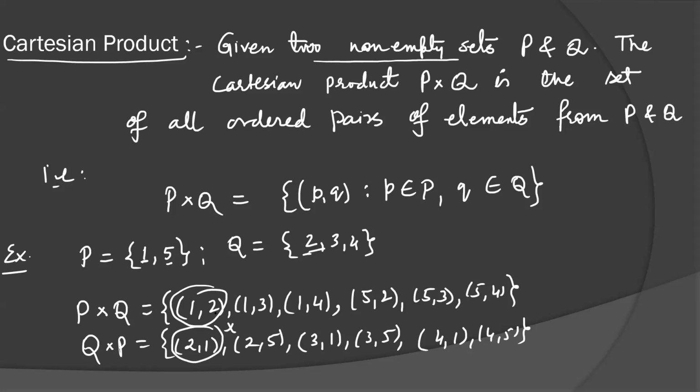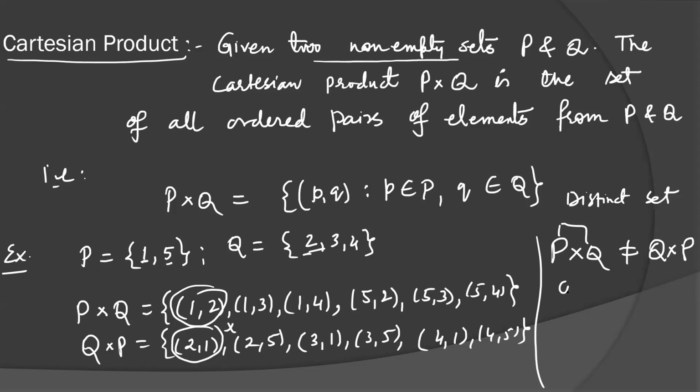I told you previously, it means in general P cross Q is not going to be Q cross P. It means Cartesian product is not commutative for two distinct sets. If P and Q are distinct sets, I am taking here distinct sets, then the commutative property is not satisfied here.